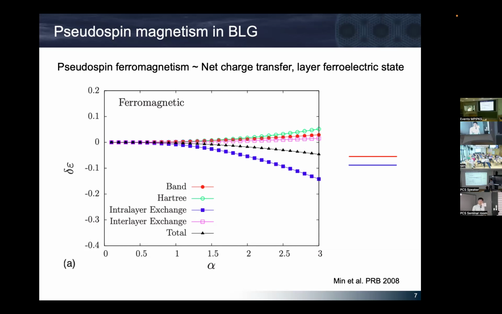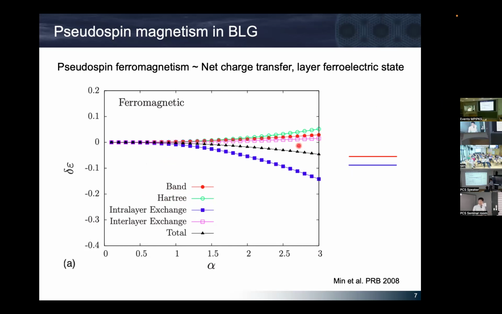That effect is represented in this energy breakdown, where the Hartree energy obviously becomes positive when there is a charge imbalance, changing the homogeneity of the carriers.